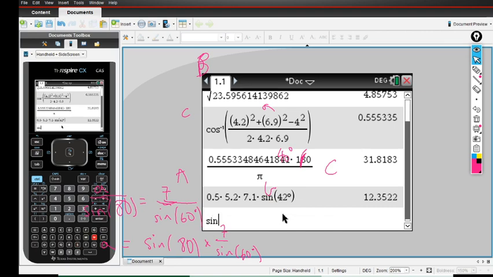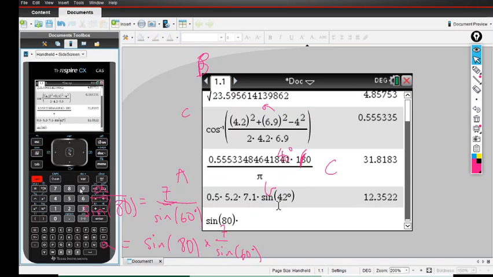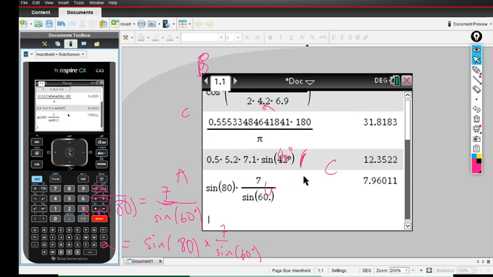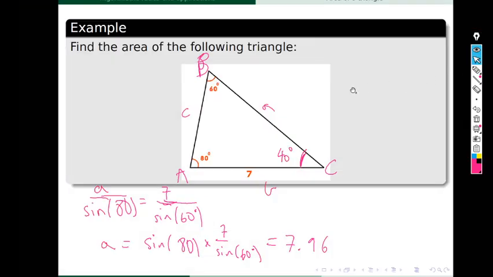So sine of 80 times 7 on sine of 60, and I'll put in a decimal point so it gives me decimals. That is 7.96. Let's see if we need any units there. Going back to our example, there are no units, so we can just keep it at 7.96. Okay, this is good. So that was a.